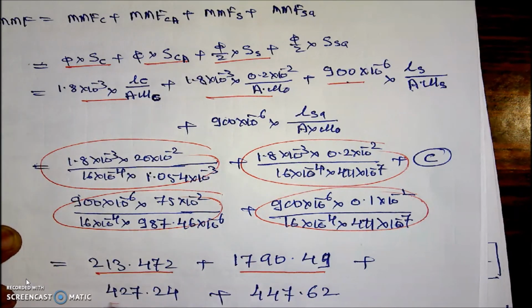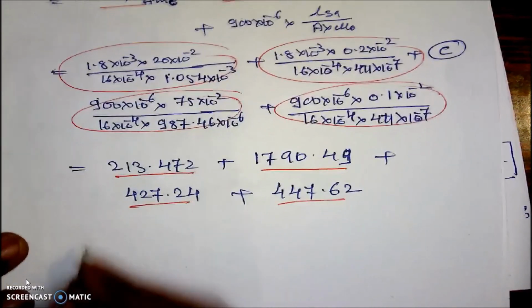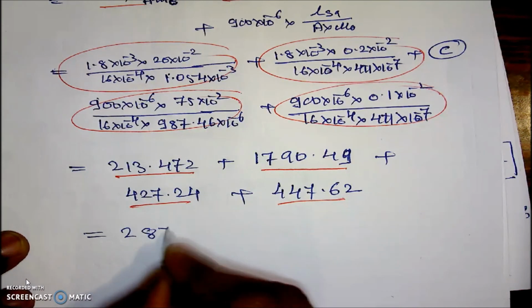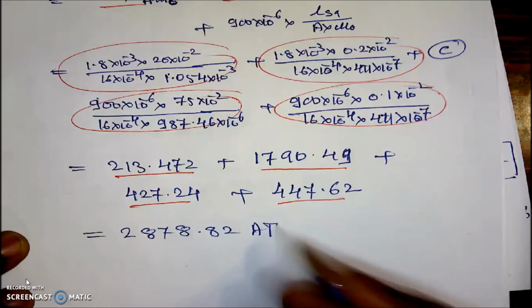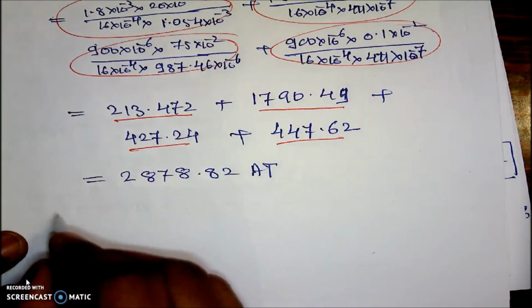Adding all of these, we get the total MMF as 2878.82 ampere turns.